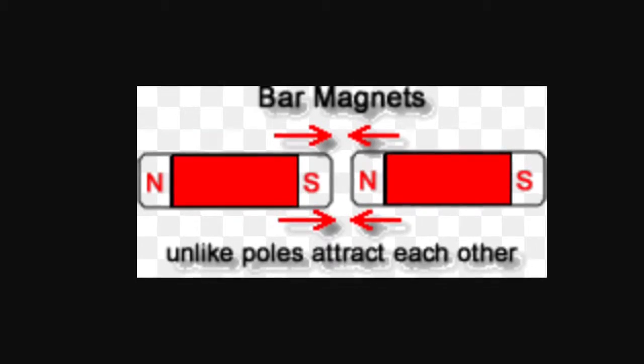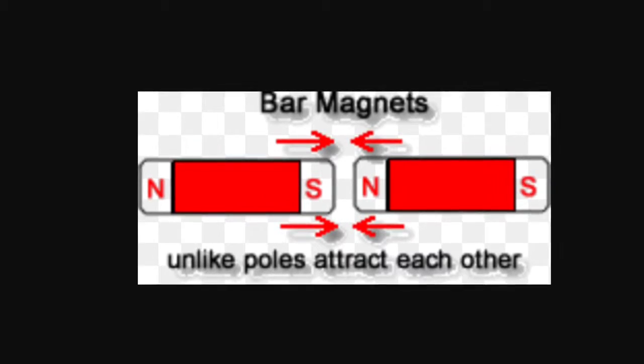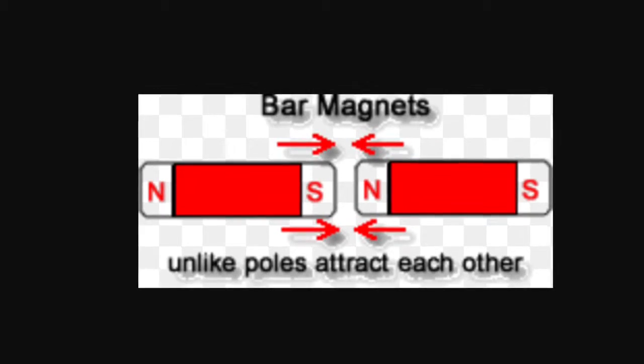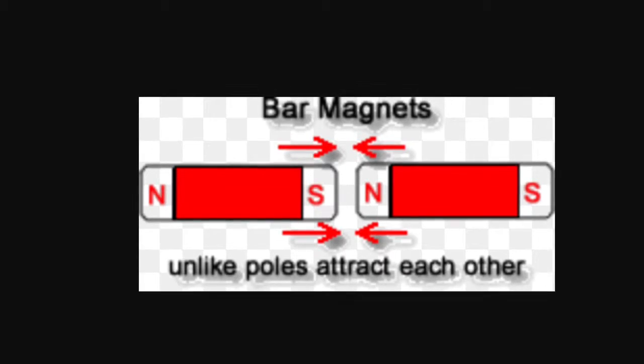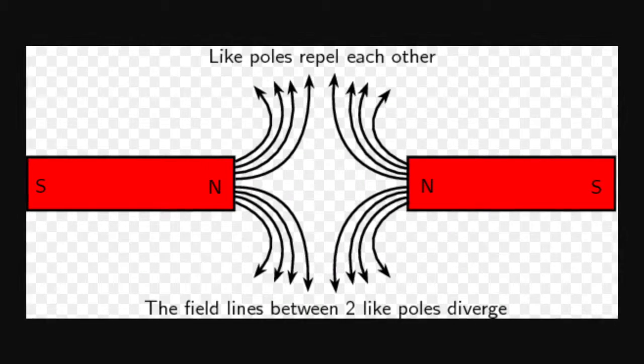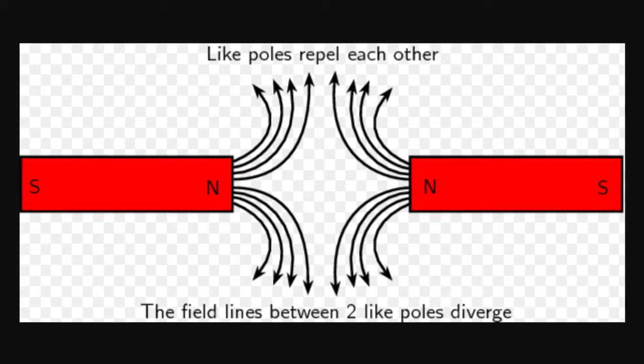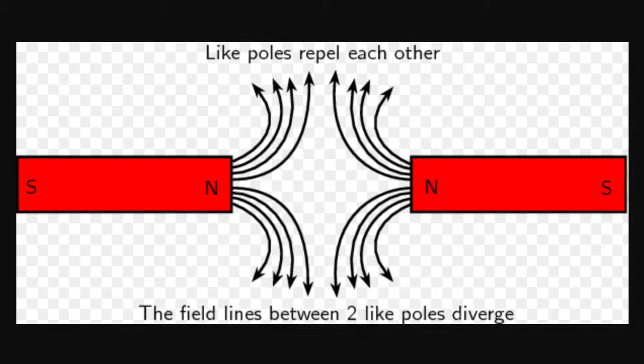Every magnet has both a north and a south pole. When you place the north pole of one magnet near the south pole of another magnet, they are attracted to one another. When you place like poles of two magnets near each other, north to north or south to south, they will repel one another.